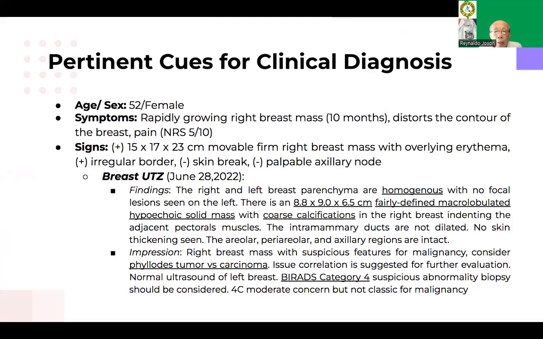There is an 8.9 centimeter fairly defined macrolobulated, which is consistent with your phylloides, macrolobulated, hypoechoic solid mass, indenting the pectoralis muscle. Walang cystic areas. None po, sir.